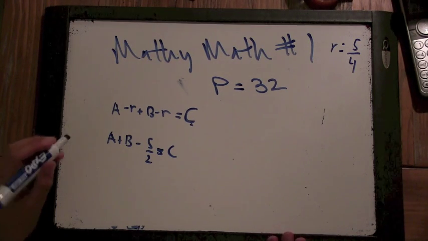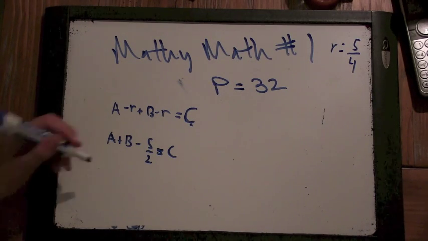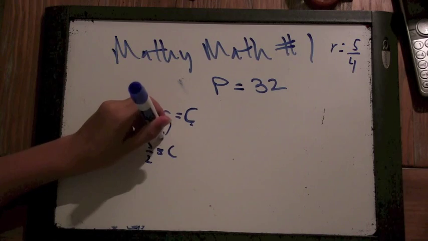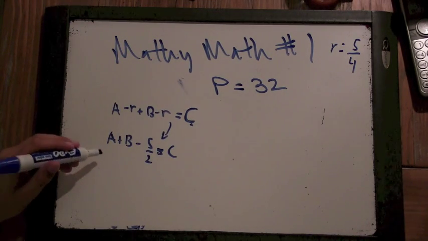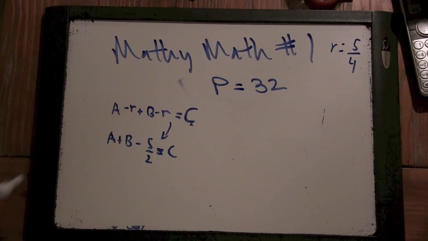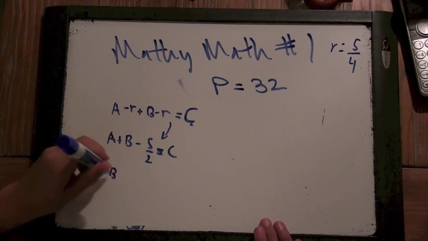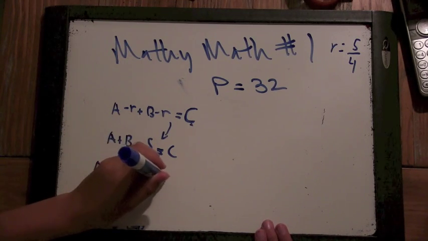What else do we know? Well, we know A plus B plus C is 32. So we could say A plus B minus C is 5 halves.